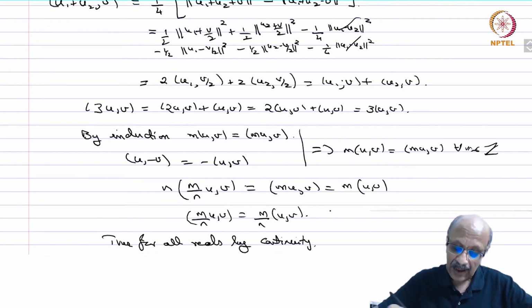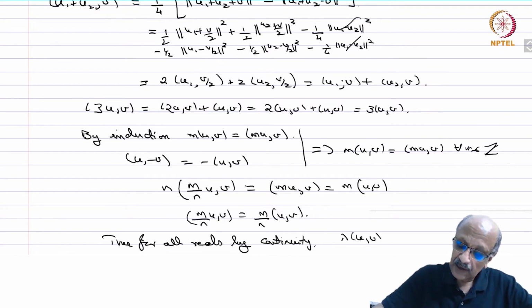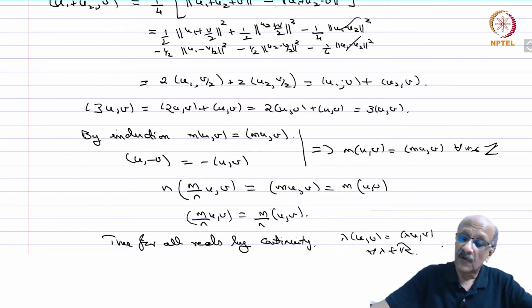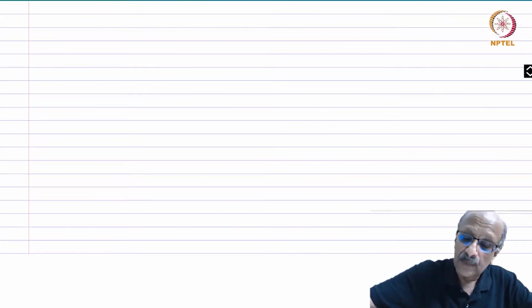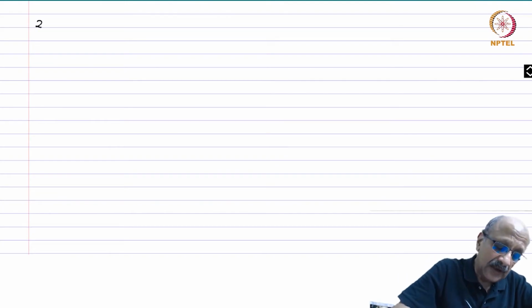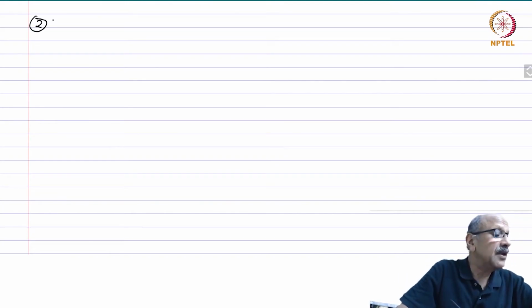It is symmetric, and for all reals lambda we have (lambda u, v) equals lambda (u, v) for all lambda in R. So it satisfies all the properties of an inner product, and therefore the norm is generated by an inner product, and it becomes a Hilbert space.